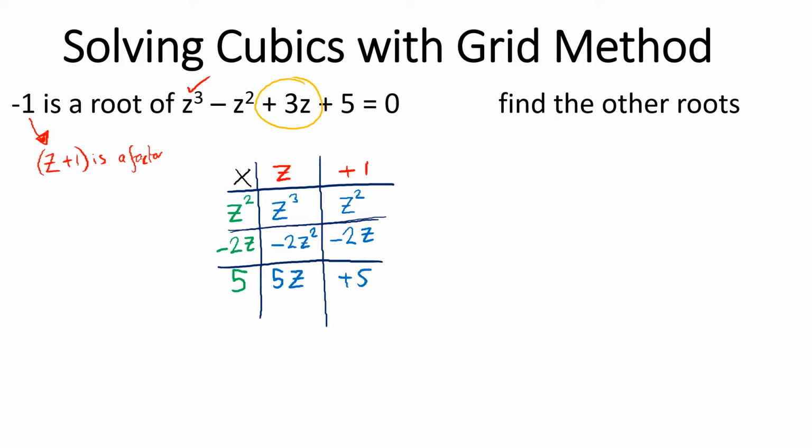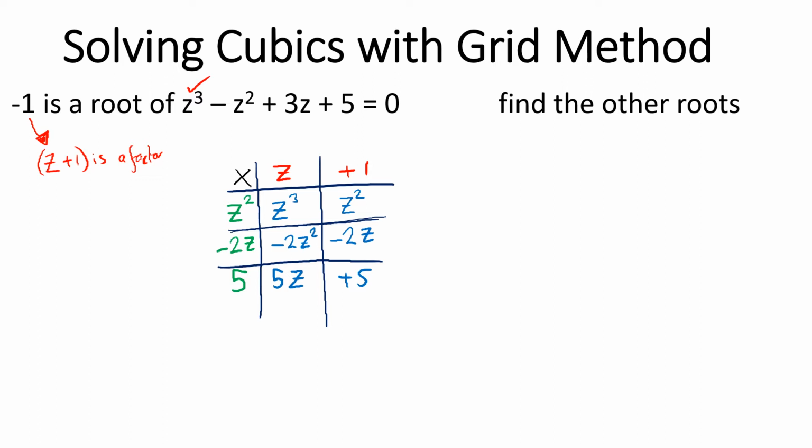And then we just need to do one last check. If we've done this right, then this number at the end, this plus 5, should be the same as what we've got here, because we don't need to do any more rows after that. If you look at the powers here, we've got z squared, minus 2z, 5, they're decreasing all the way, and the same is true if we're going across this way. And we can't keep decreasing after 5, we can't go to z to the minus 1.